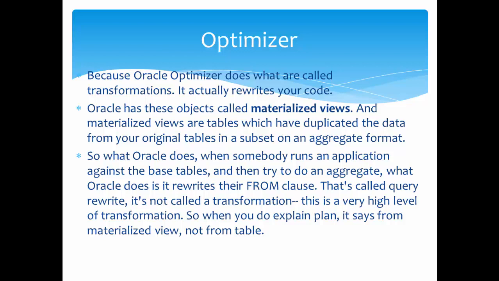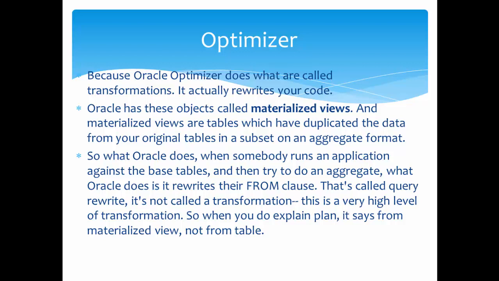Oracle has these objects called materialized views. Materialized views are tables which have duplicated the data from your original table, in a subset or aggregate format. These materialized views are not regular views. They take space in the database, and they are kind of permanent. The neat thing about it is you can always refresh it whenever you need it.